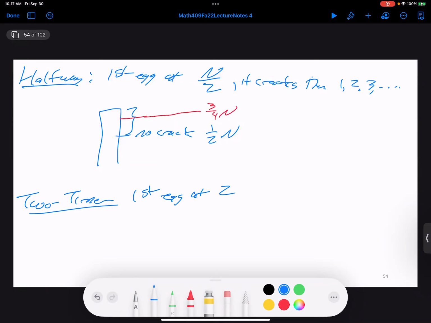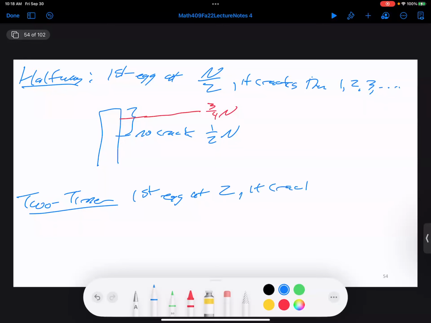You're golden, right? If the egg cracks at 2, what are the only possibilities for that key floor? 2 minus 1, also known as 1, or 2. So you have one egg left, and you can easily tell. If it doesn't crack at 2, then you would try 4, then 6, then 8.